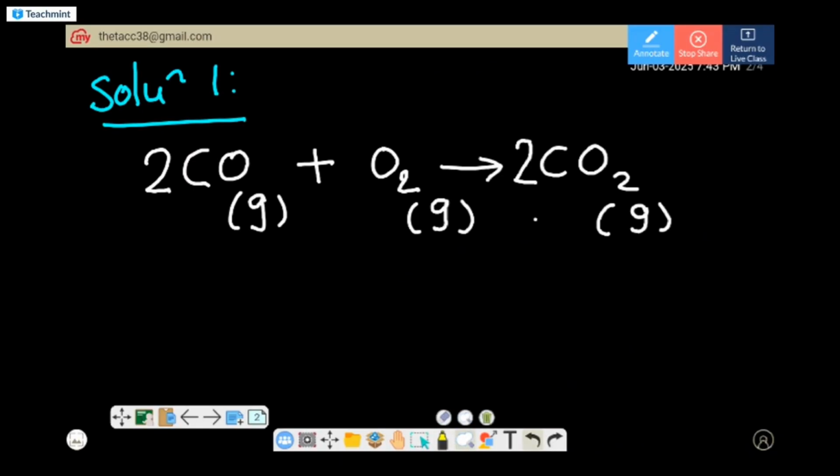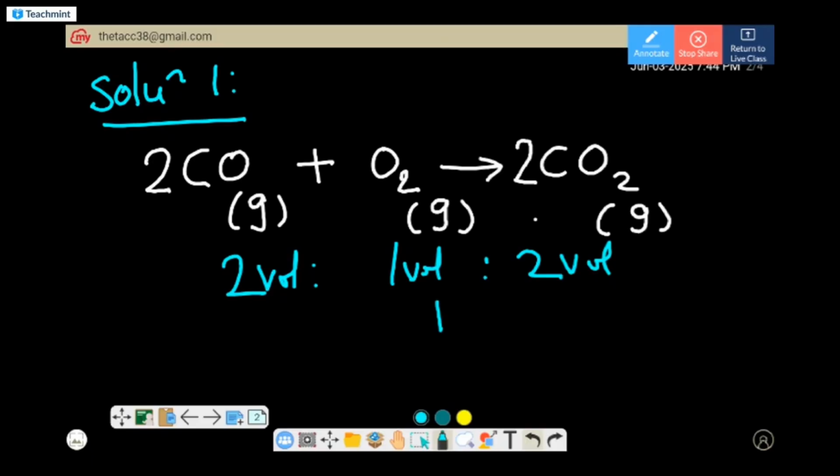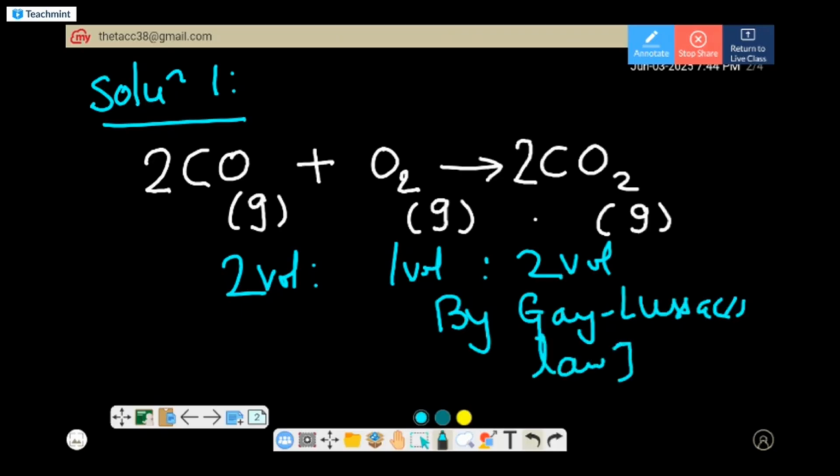2 is to 1 is to 2. Now when you write this, that was our simple way, but while you write this, write 2 volumes, 1 volume, and again 2 volumes, and this is according to Gay-Lussac's law. You should also mention which law you are applying here, because at times we will also be using Avogadro's law.